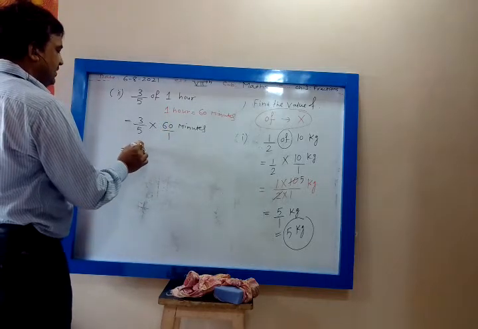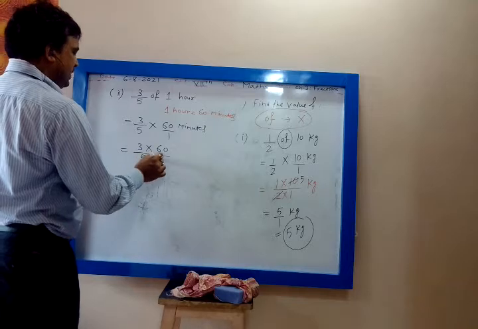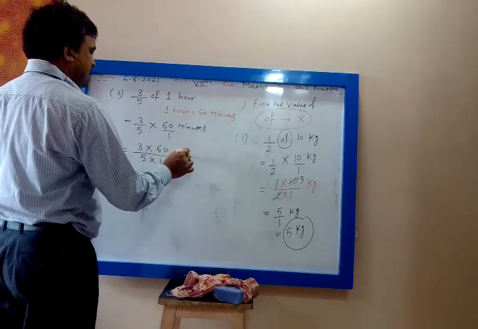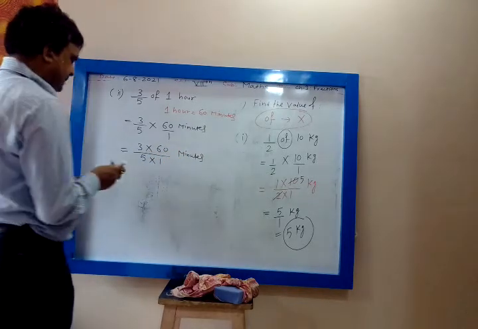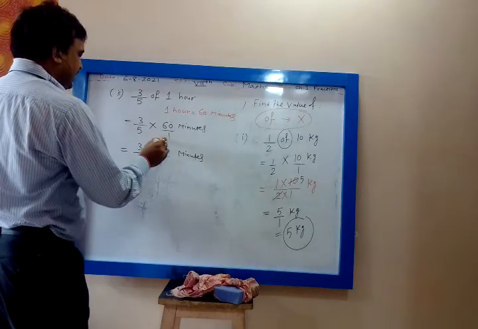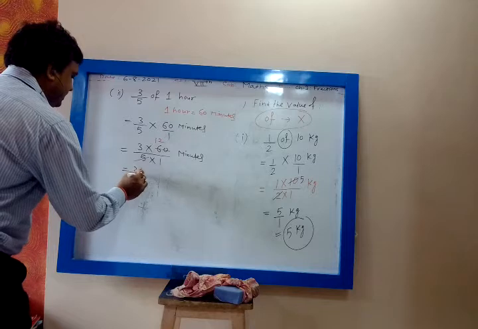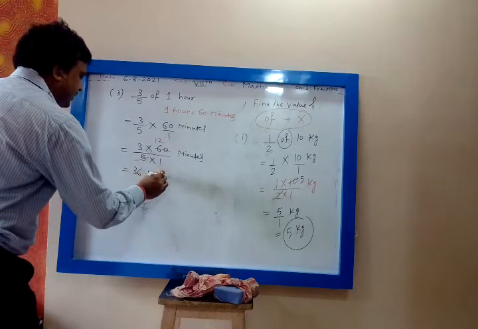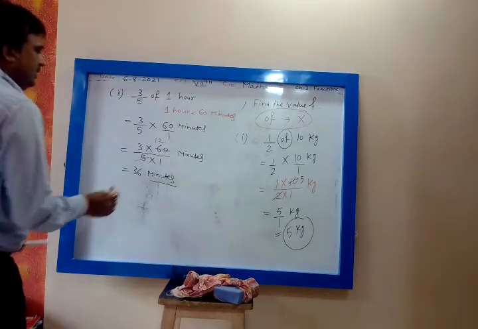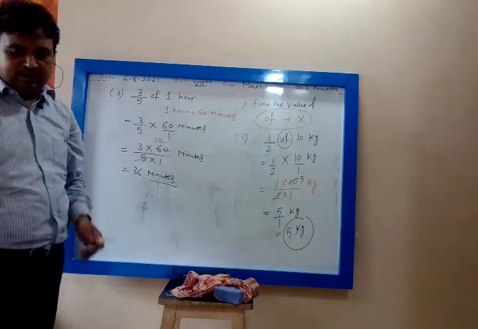Then cross multiply 3 into 60 upon 5 into 1 minutes. You can cancel 60: 5 12s are 60. Very good. 12 into 3, 36 upon 1, 36 minutes. The answer is 36 minutes. Okay. So when you take a fraction of an hour, it will not be in hours, it will be in minutes.